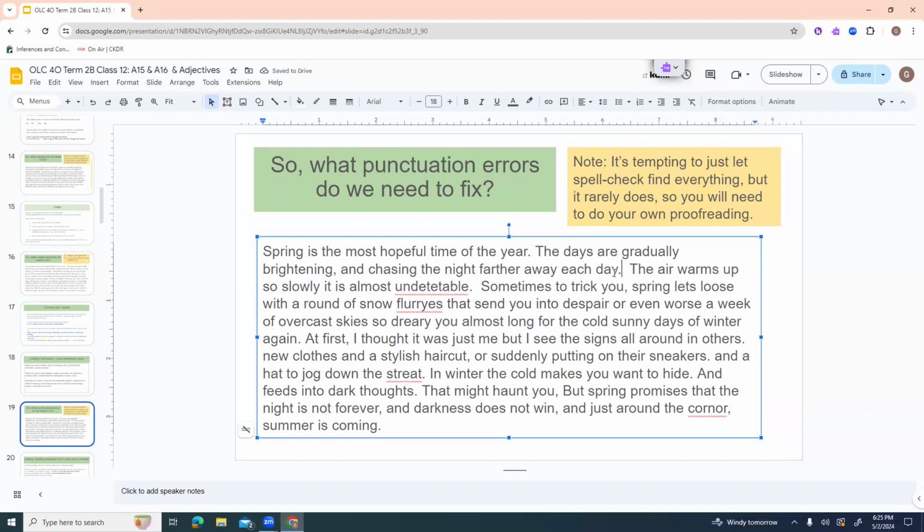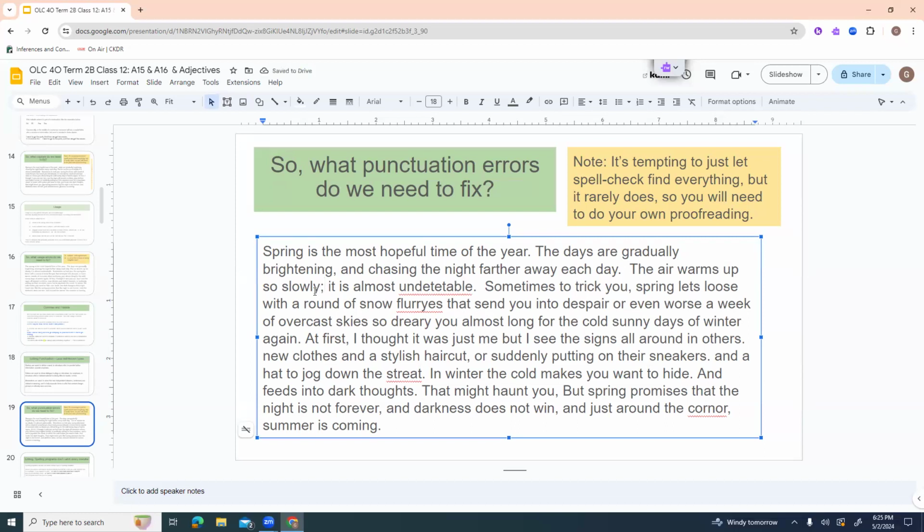You don't want your sentences to be too long, okay? The air warms up so slowly, it is almost undetectable. Okay. The air warms up so slowly. I was going to put a comma there, but I can't because it's two complete sentences.